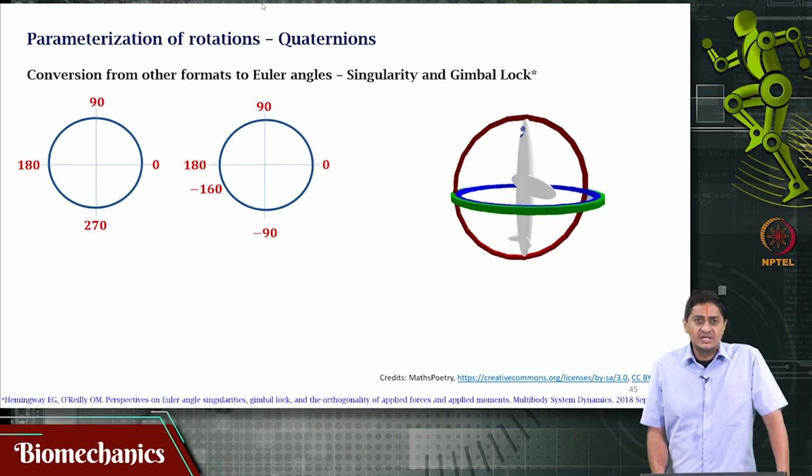However, just because we have an intuitive understanding, say for Euler angle, does not mean that that is the best method. There may be other methods, but if we have a method for which we do not have an intuitive understanding, and that is the best method, then it will require the analyst or the experimenter to somehow convert this unintelligible data from a different format to something that we can understand.